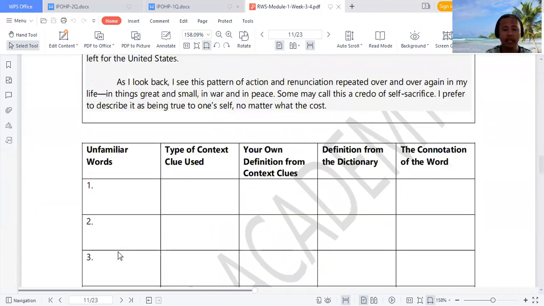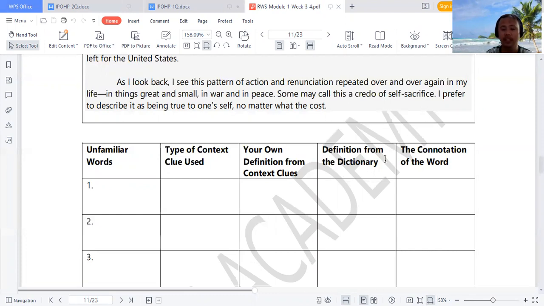Okay, and then the type of context clues. Is it antonym, synonym, explanation, situation? You're going to write it here. Okay, then your own definition from context clues. You are going to explain why you answered that type of context clue.